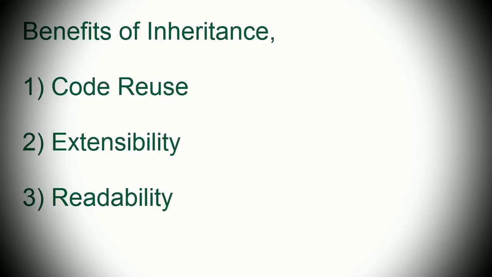The second benefit is extensibility, and it kind of overlaps with the first benefit that we just talked about. In the vehicle example, we extended our vehicle class to derive new classes such as car and motorcycle. The third benefit is readability. It provides a very nice structure to your program, especially when you're writing a big program.